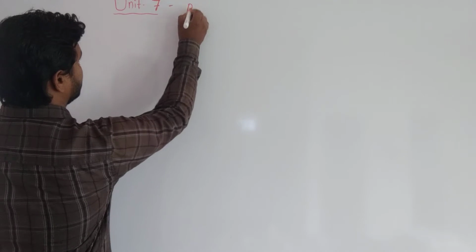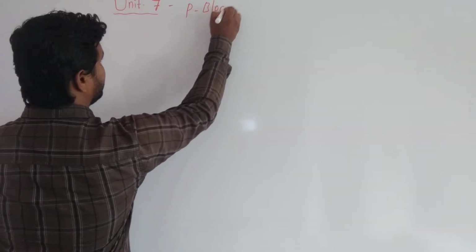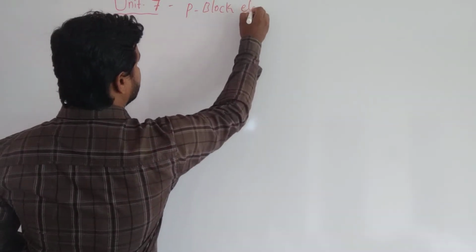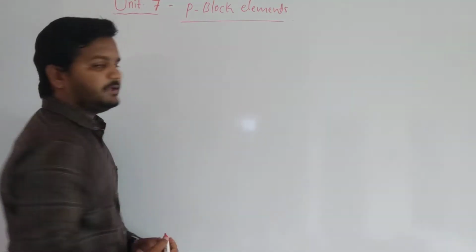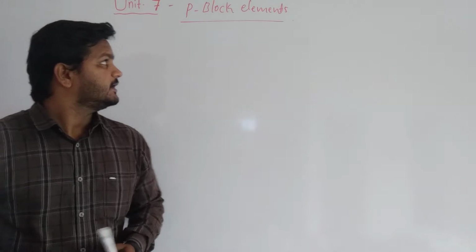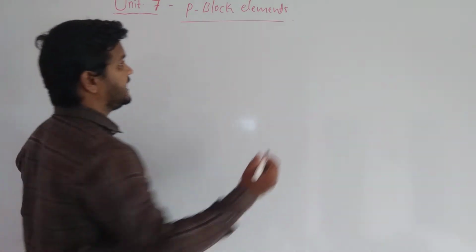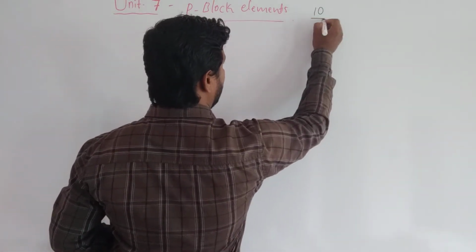So here, unit number 7, P block elements. This chapter carries a total of 10 marks for your annual examination.